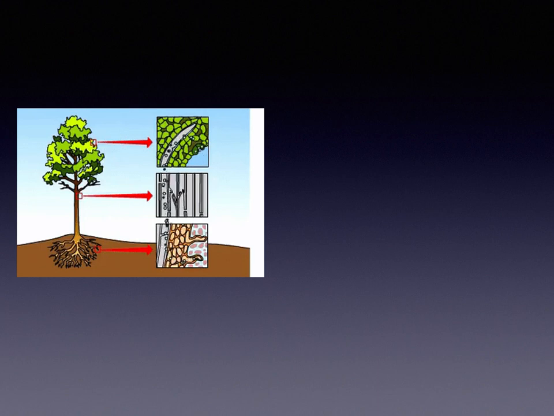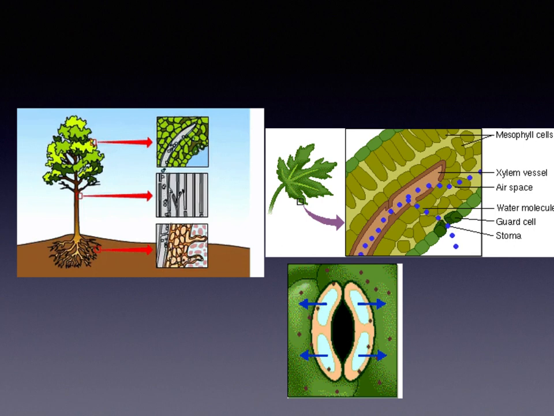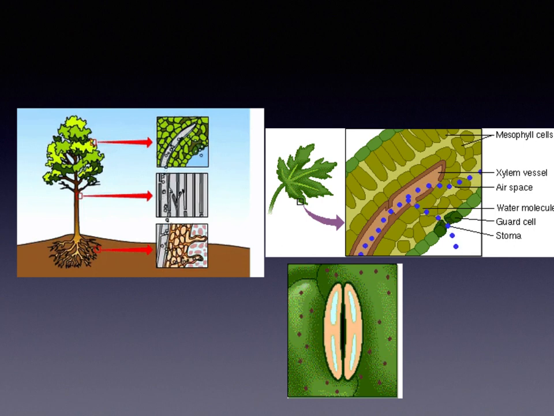Now next we shall see transpiration pull. Now plants give out water in the form of water vapor through the stomata on the leaves. Two cells called guard cells are present around the stomata, as you can see in the picture.